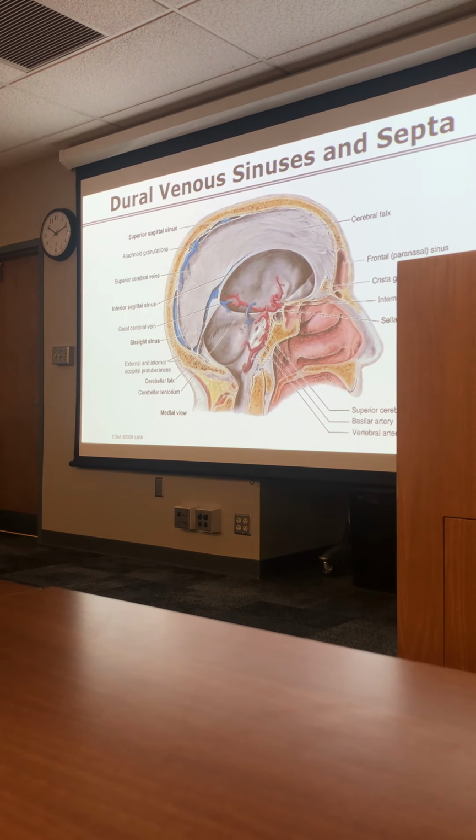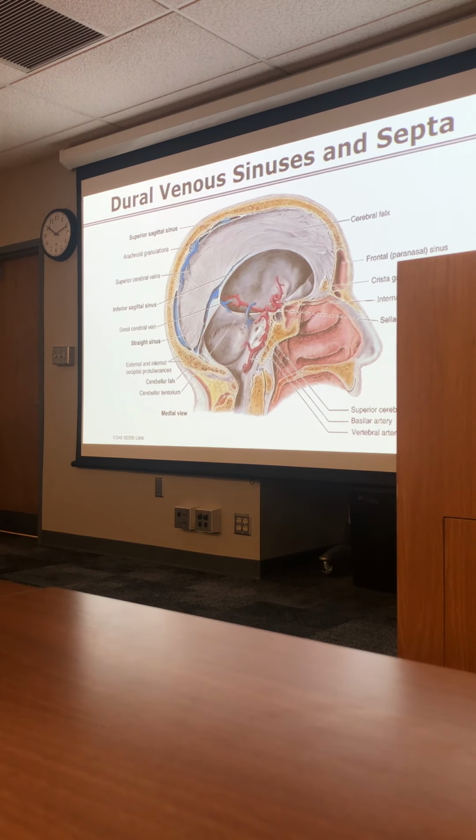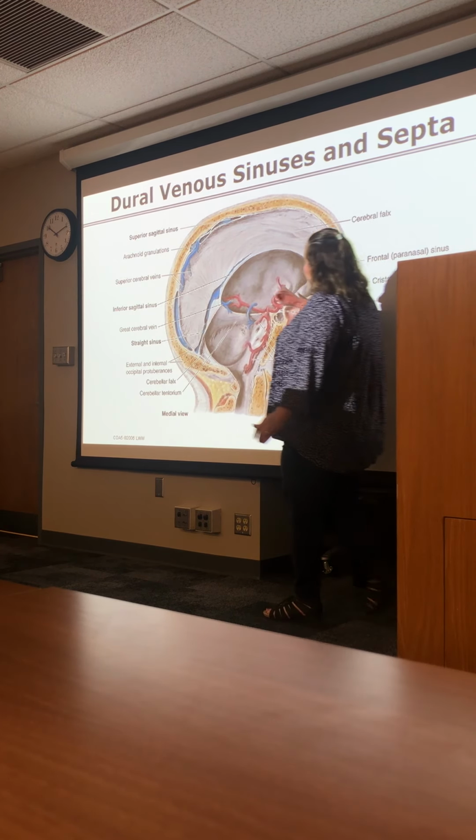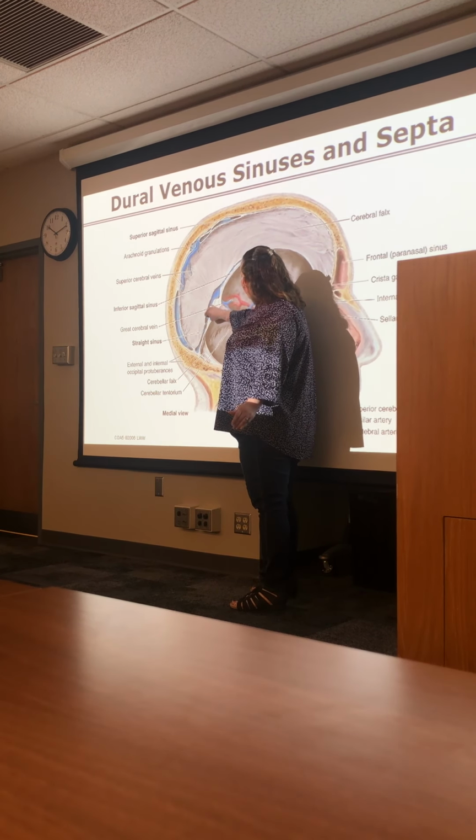Okay. The next one is the straight sinus. You only have one straight sinus. It's formed by the great cerebral vein and the inferior sagittal sinus coming together. So here's your inferior sagittal sinus. Here's your great cerebral vein. The two come together and they form the straight sinus.